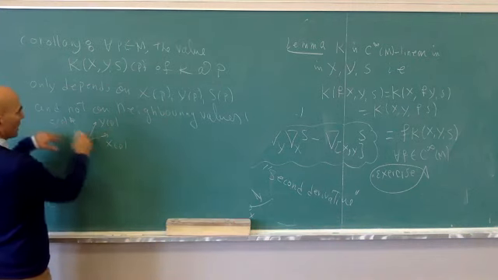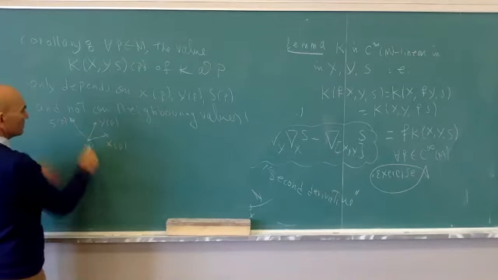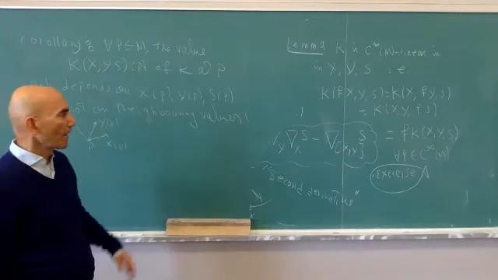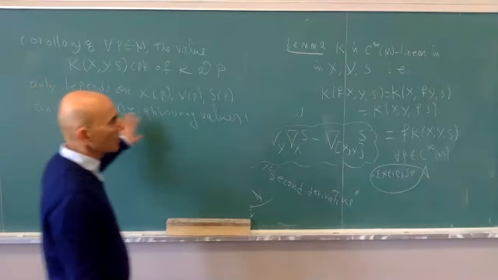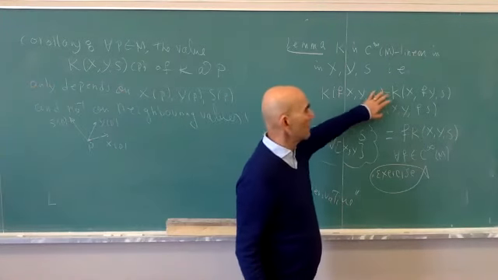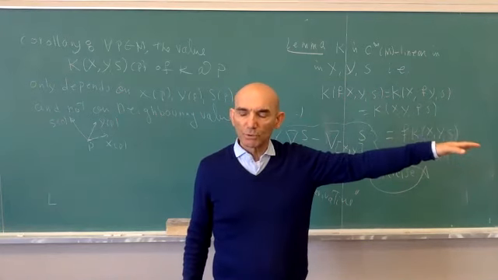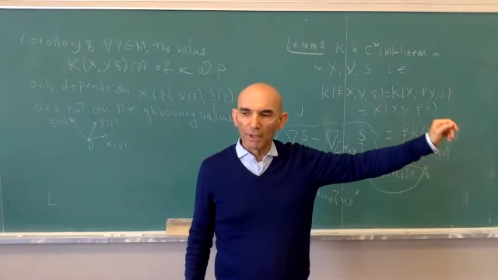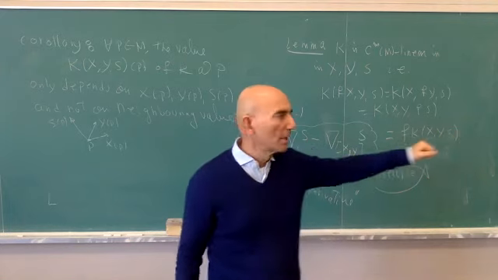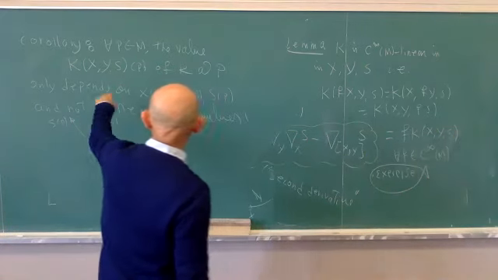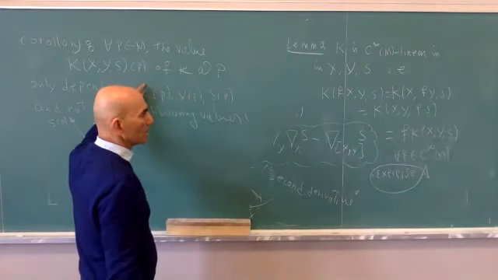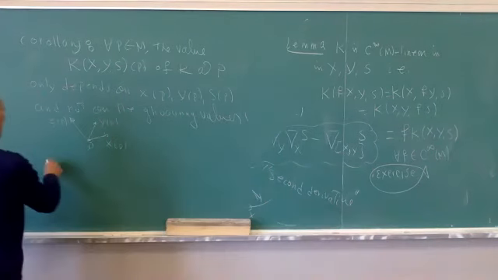It just depends on this point p. It's really amazing, and this is just a formal consequence of this. If you do the two kinds of exercises before, you will be able to do this as well.